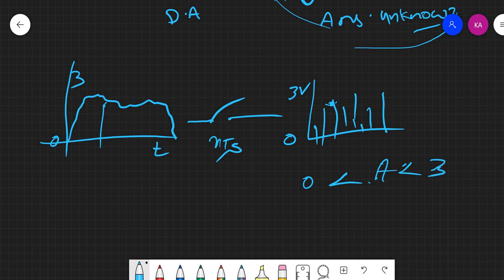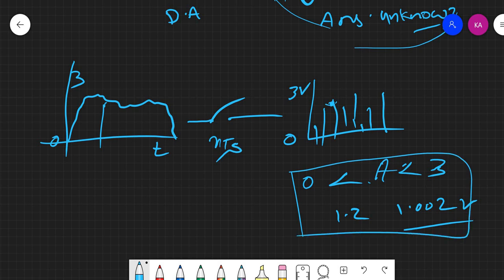It may be any value between 0 and 3, maybe 1.2 volts or 1.0002 volts. That is undefined. Depending upon the input signal, the amplitude is decided. So according to this scenario, we are saying amplitudes are always continuous if any values can be presented. So here I am saying continuous.